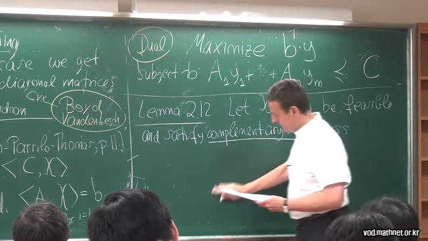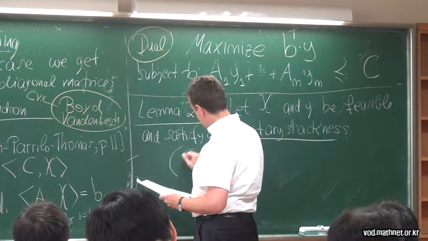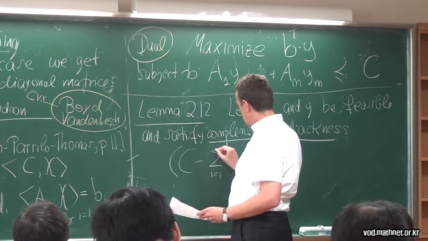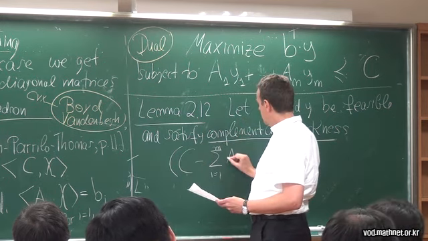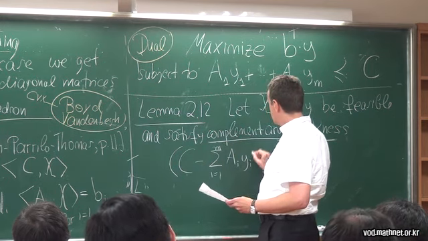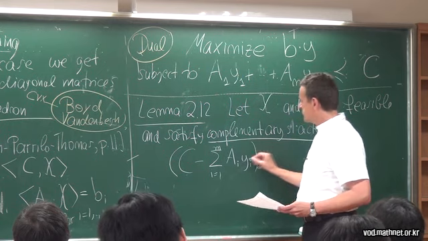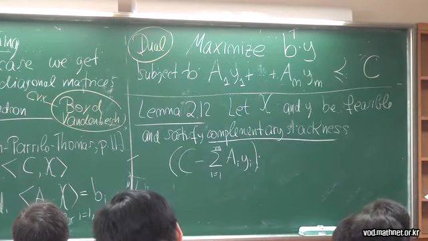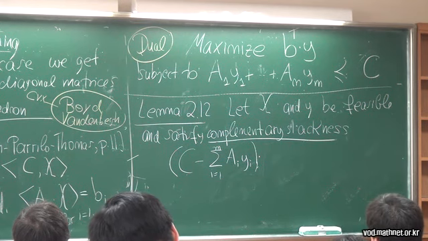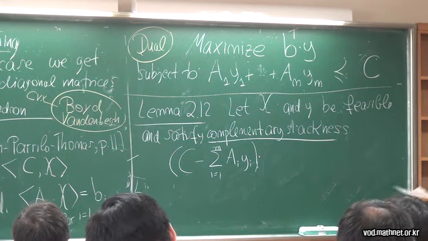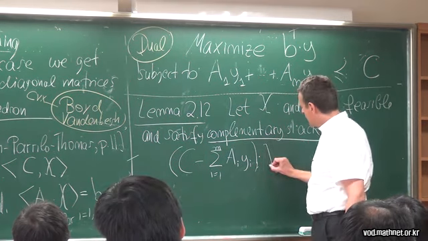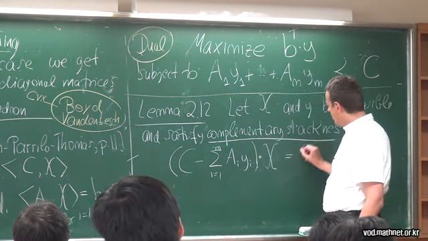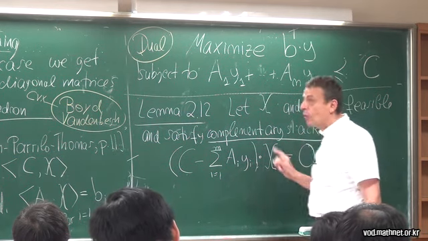Complementary slackness. And that's the following condition in this context. We look at the two matrices that are supposed to be positive semi-definite. There's the matrix from the dual, that's the difference, so C minus the left-hand side, that's a matrix, and that's the matrix we want to be positive semi-definite. And on the primal, it's just x that we want to be positive semi-definite. And complementary slackness says that the product is the zero matrix.